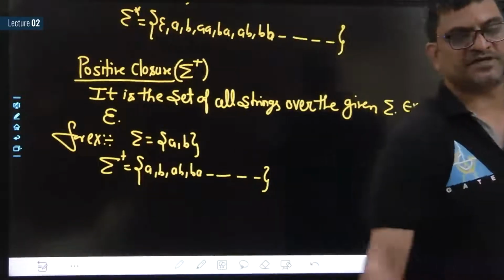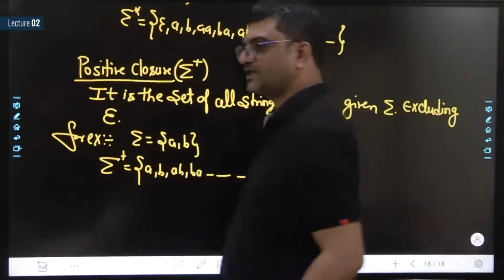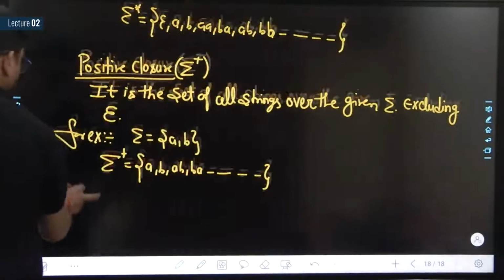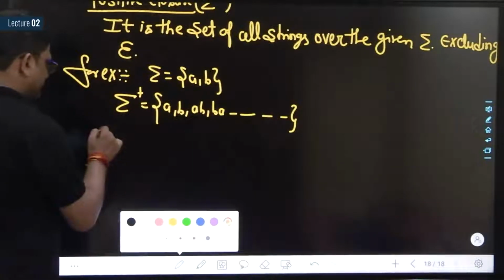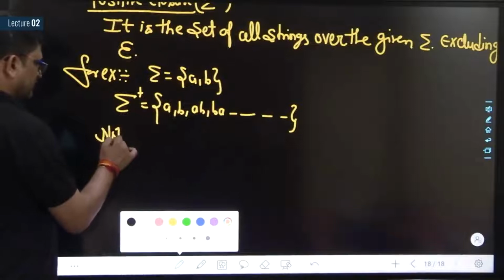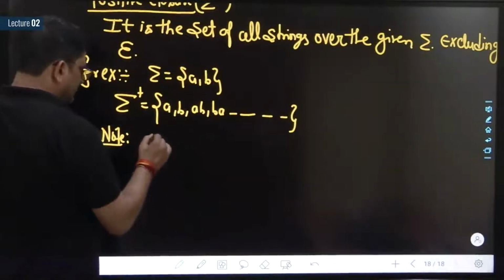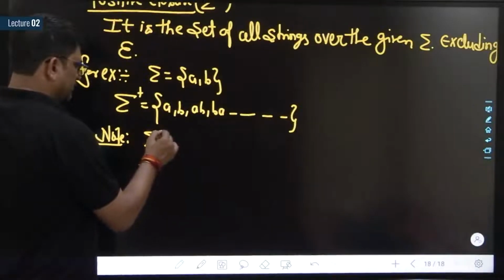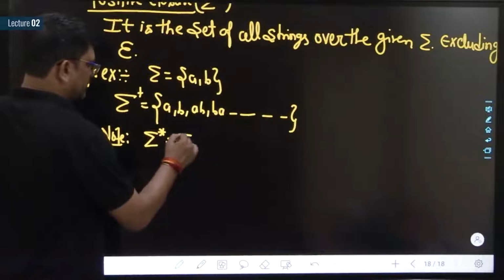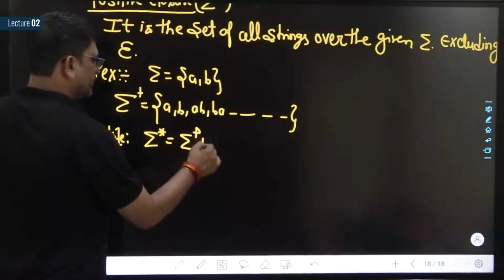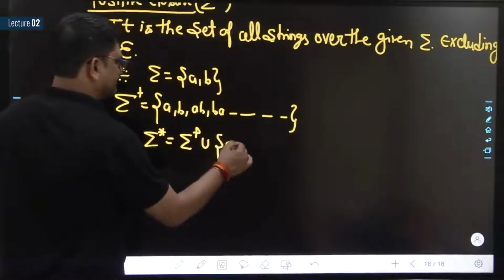The relationship between positive closure and Kleene closure is, note, sigma star equals sigma plus union epsilon.